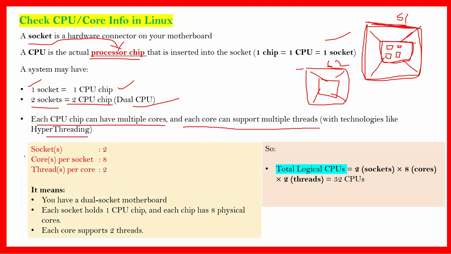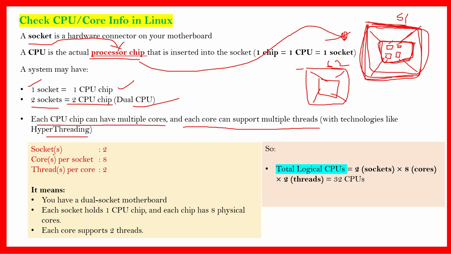Hyper-threading is the way where your cores support multiple threads for execution of multiple requests in parallel, right? So this is our physical socket, where we have our physical processor chip inserted, and each processor chip supports four cores here, right?